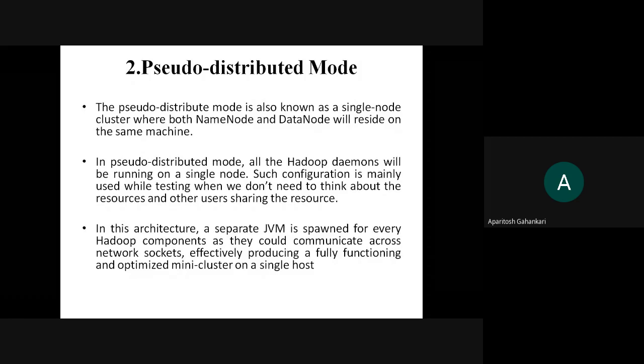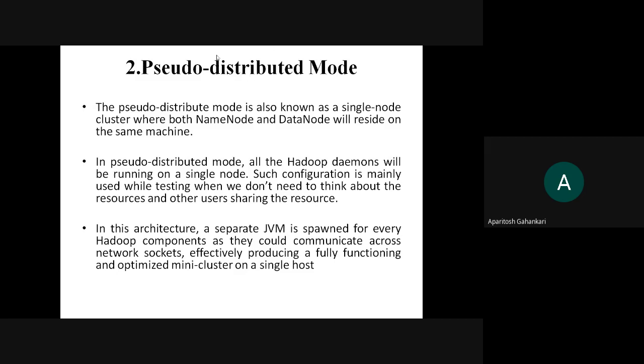On similar lines, you have the name node and the data node on the same machine, and that is why it is known as pseudo distributed. It is not actually distributed, but it is giving us a feel of being distributed.